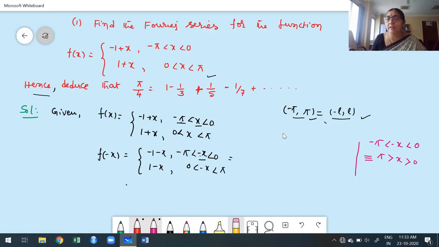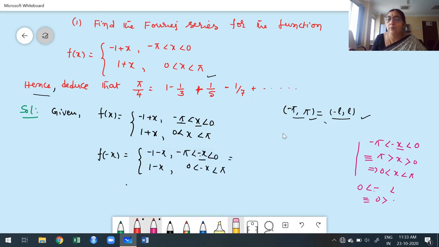Pi greater than x greater than 0 means 0 less than x less than pi. Similarly, for the other part, we change negative to positive x. Yeah, I made a mistake here. One minute. This is actually x, this is pi. Okay.